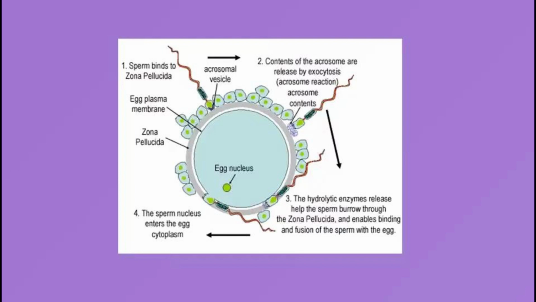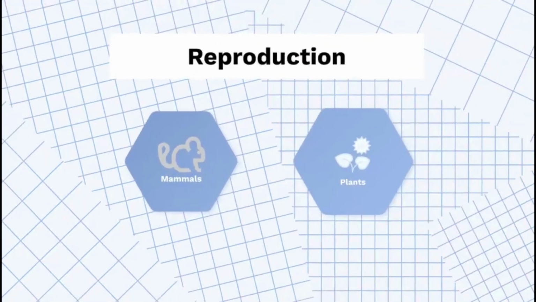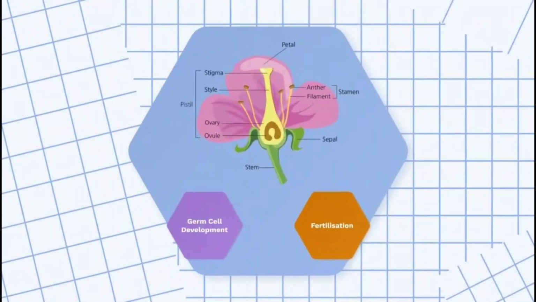Okay, so just to recap what we covered, we looked at the development of both spermatozoa and the ovum. We then looked at the structure of both the human egg and spermatozoa and how that relates to the process of fertilization. And now we're going to talk about sexual reproduction in plants.